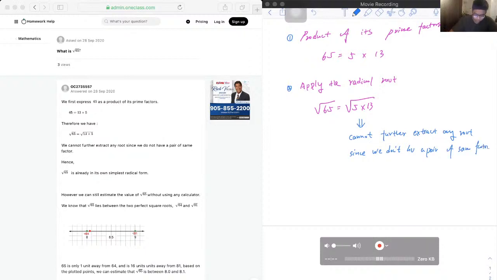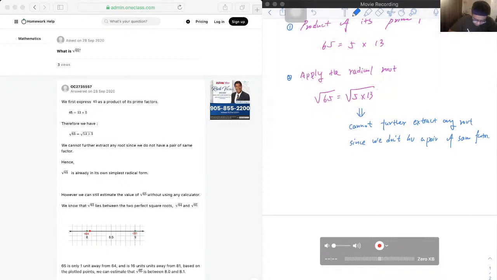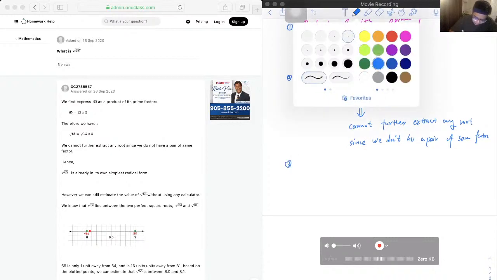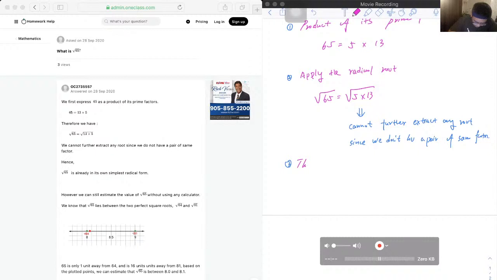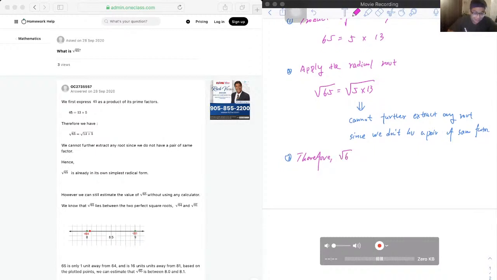Alright, so our last step, we can write our conclusion. Therefore, root 65 is already in its own simplest radical form.